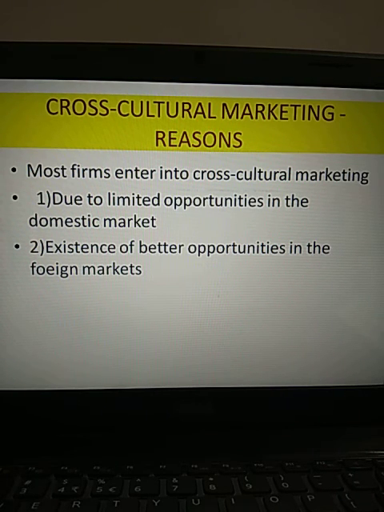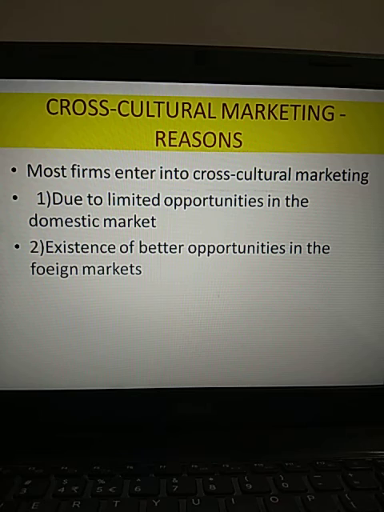Why is cross-cultural marketing actually required? The reasons: most firms enter into cross-cultural marketing, the first one being due to limited opportunities in the domestic market. In the home countries, I mean the domestic markets where the company really started its business, may not have an encouraging environment.